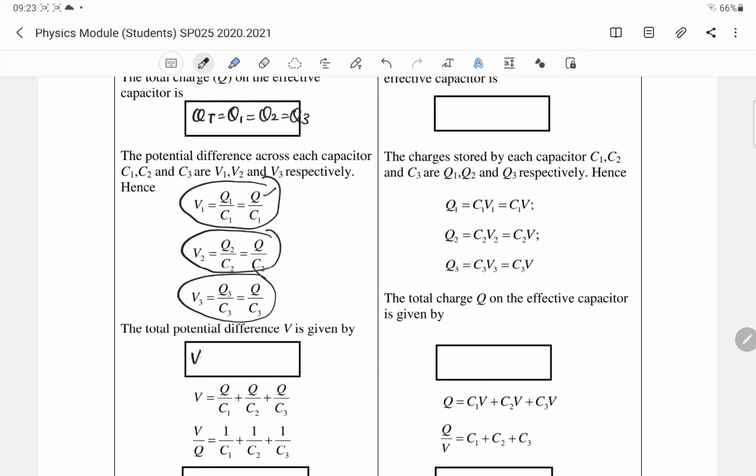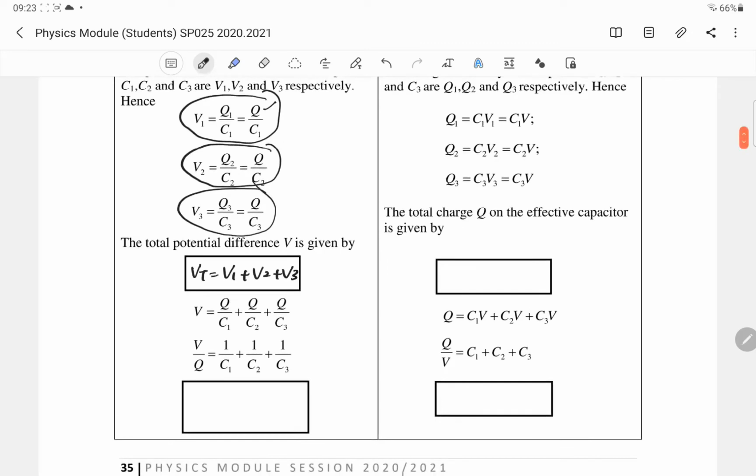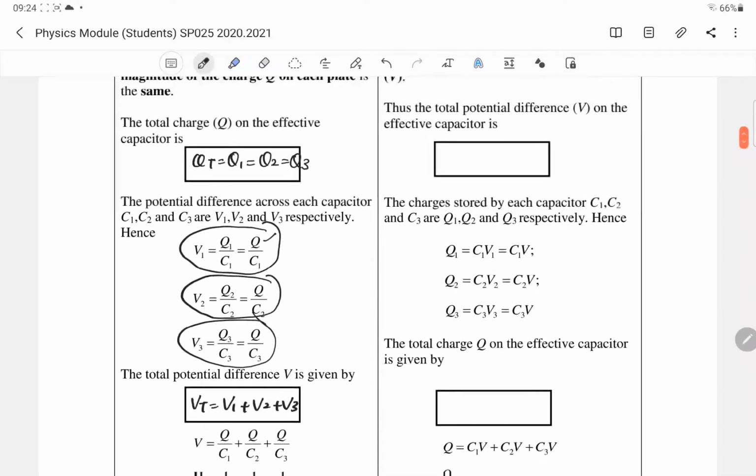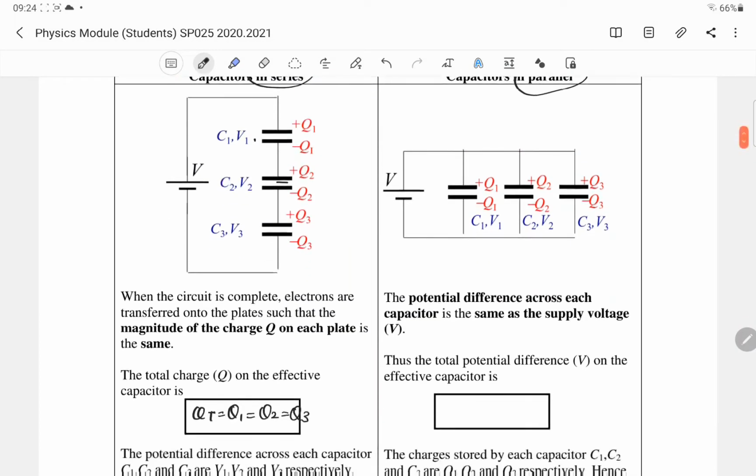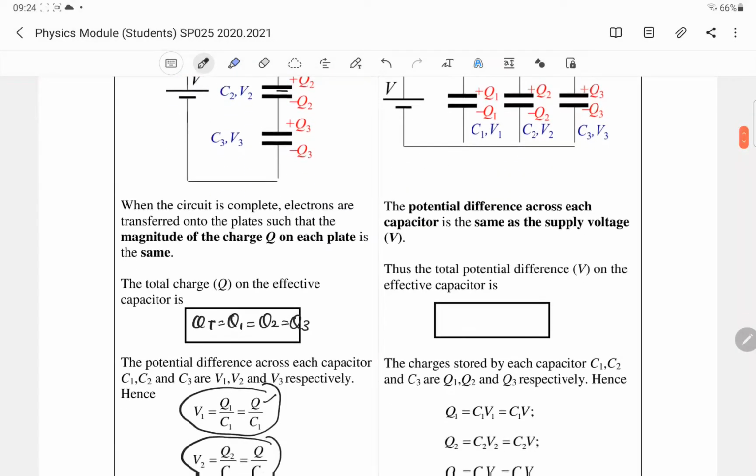So kalau nak dapatkan V total equal to V1 plus dengan V2 plus dengan V3. And then to find the C effective for series, 1 over C effective equal to 1 over C1 plus dengan 1 over C2 plus 1 over C3. Okay, for the capacitors arranging in parallel, so kita nampak V pula sama.